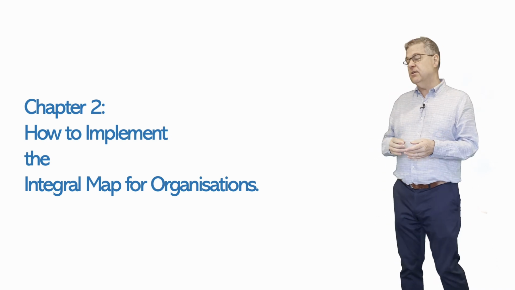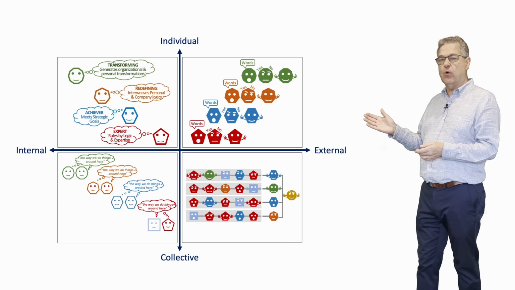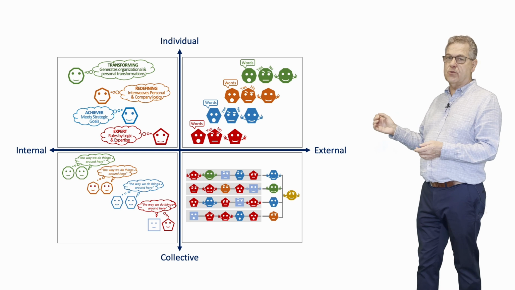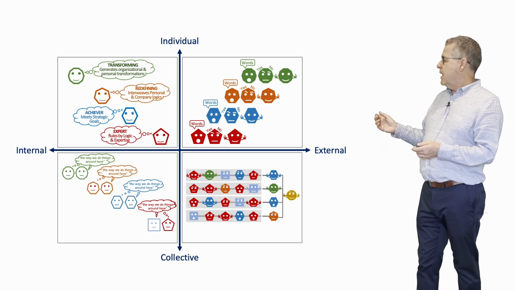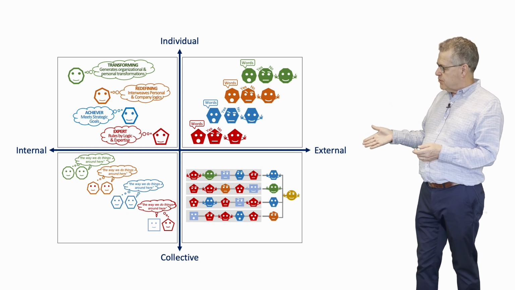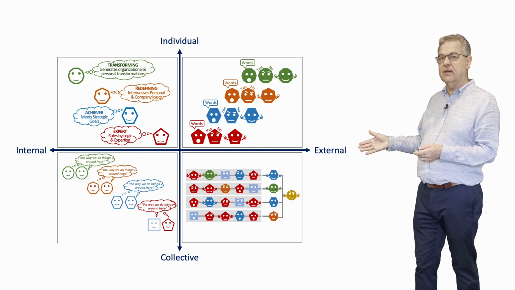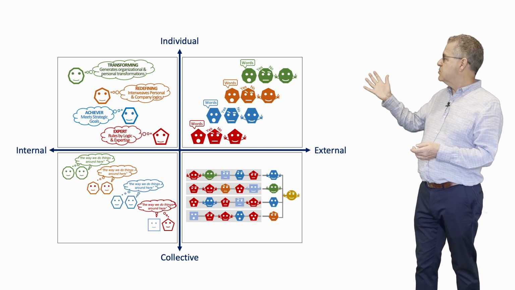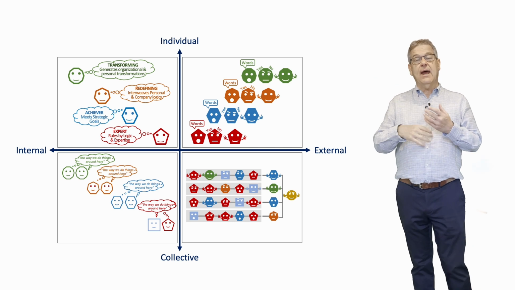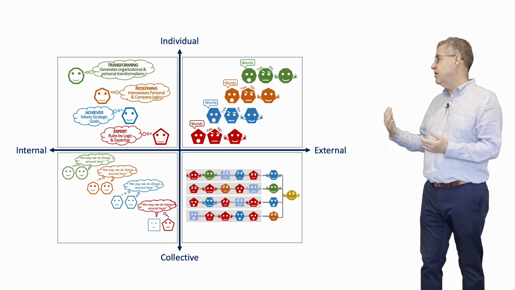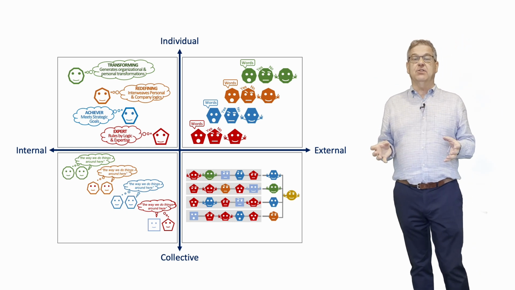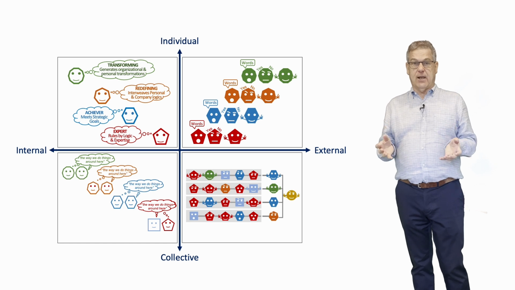In Chapter 1, we introduced the Integral Map for Organisations, all quadrants, all levels. And we started in the lower left quadrant where we find culture, the way we do things around here. From there, we went to the top left quadrant where we looked at how people develop through their lifetimes under the umbrella term vertical development.